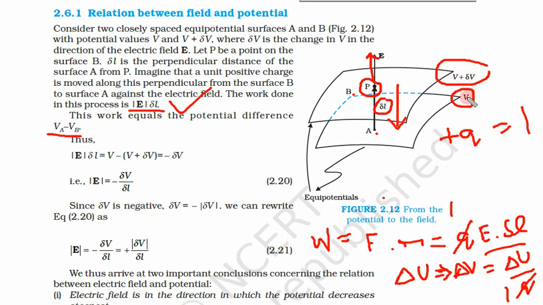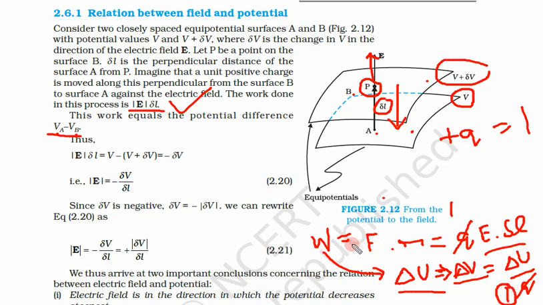So the potential difference between these surfaces is, so we are bringing to here, that means VA is first, we are bringing from VB, so VB is here. So hence this work done must be equal to potential energy, which is also equal to potential. Why? Because we have taken charge to be 1.